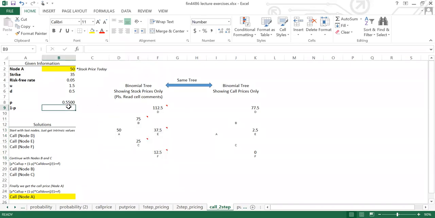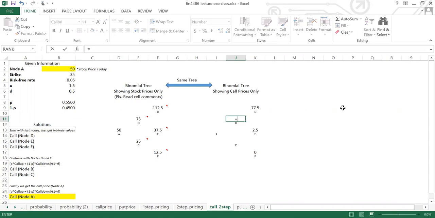That's a feature of the binomial tree. And of course, if 0.55 is the probability that the stock price will move up, 1 minus 0.55, which is now 0.45, that is the probability that the stock price will move down. So now it's simple.